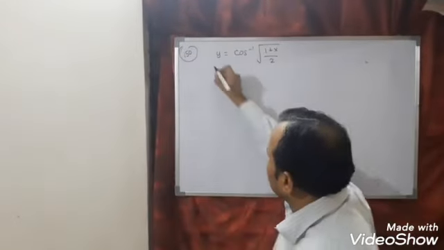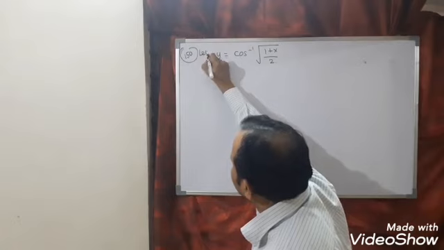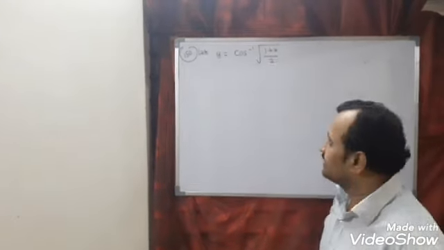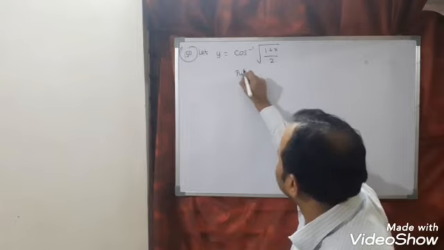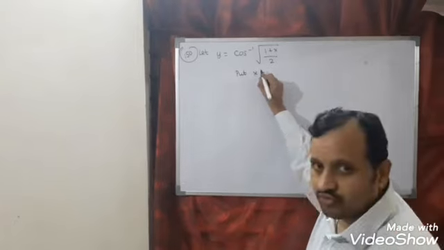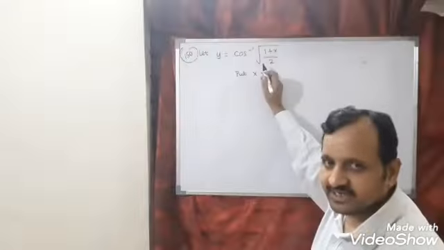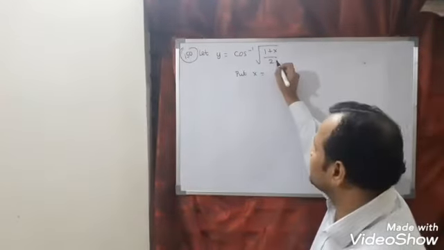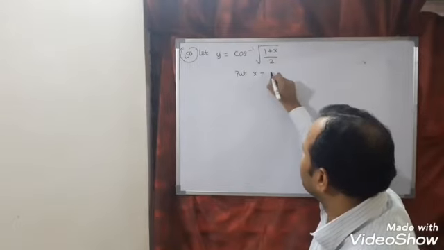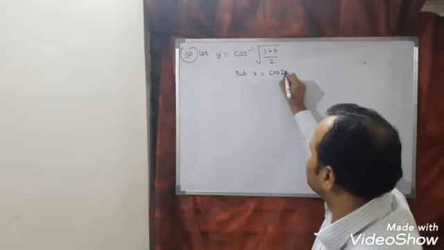Let us see. So what I am doing, the given expression I am assuming to be y. By seeing it I can say put x is equal to something. If you do the normal method of differentiation, it will be very lengthy. If you do substitution, I think the calculation will be somewhat easy. So let x is equal to cos 2 theta.